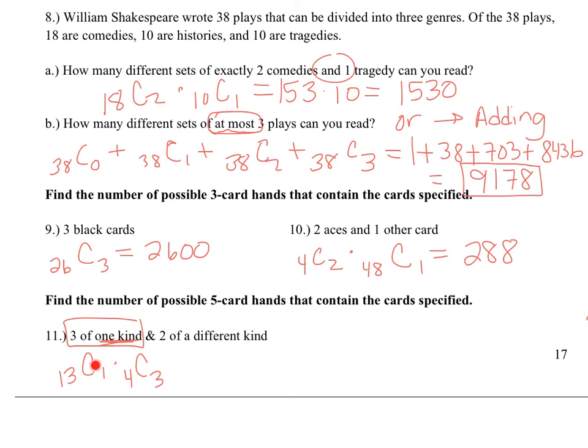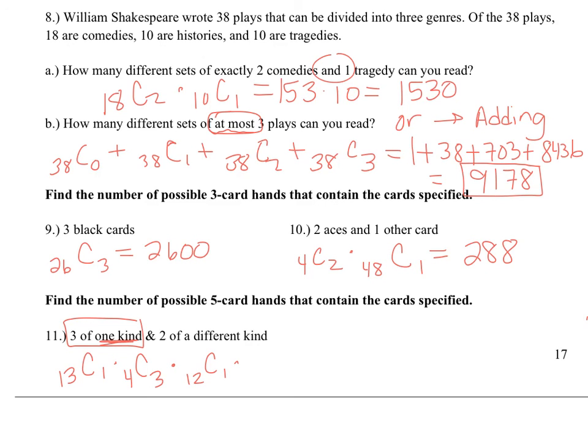So this part chooses the kind. Then once we choose that kind, there's 4 cards. We want to choose 3 of them. And, so I keep multiplying, 2 of a different kind. So there were 13 kinds originally, but I already chose one. Let's say I chose the 5s, and I chose 3 5s. Now there's only 12 kinds left, anything but a 5. And so I'm going to choose 1 of those remaining 12 kinds.